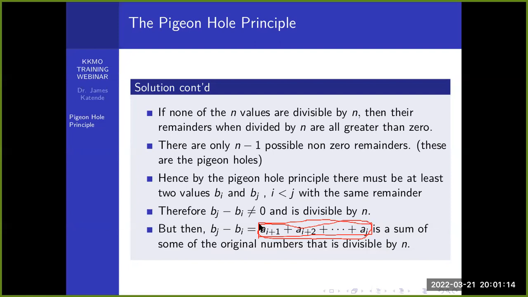We considered two possible cases: one where at least one of the B_i is divisible by n, then the sum we're looking for is just the sum of the numbers that make up B_i. But if none of them is divisible, we apply the pigeonhole principle, and we are guaranteed to have the same remainder.